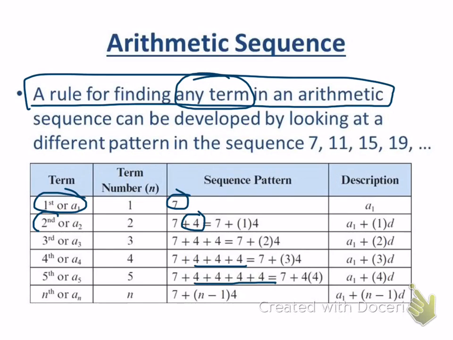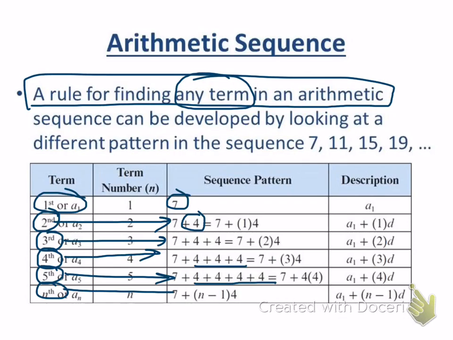The second term adds 1 4. The third term adds 2 4s. The fourth term adds 3 4s. The fifth term adds 4 4s. The nth term adds n minus 1 4s.